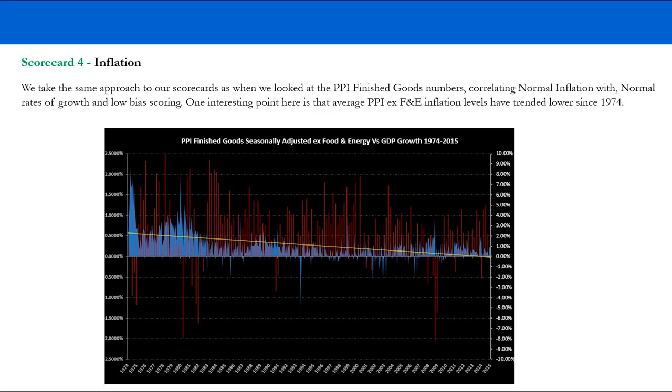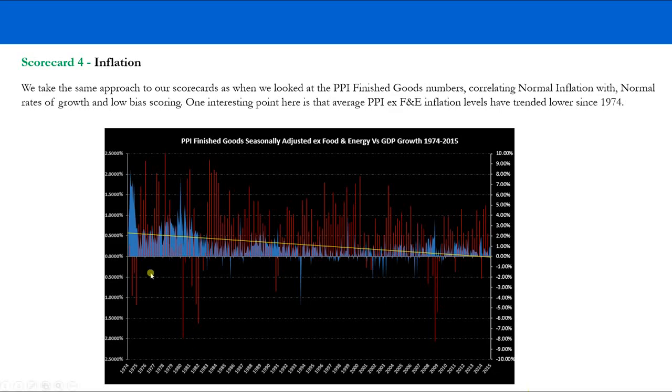We can start to map onto that GDP levels that are associated with normal business inflation. And taking this same approach, we're going to look at scoring low conviction numbers on the inflationary side when we're in the bounds of normality.